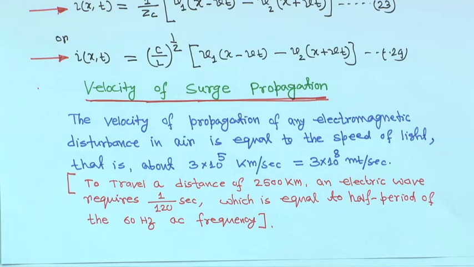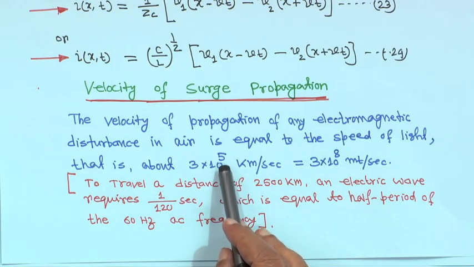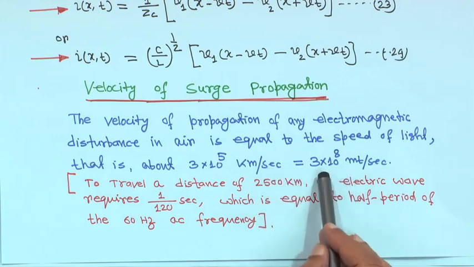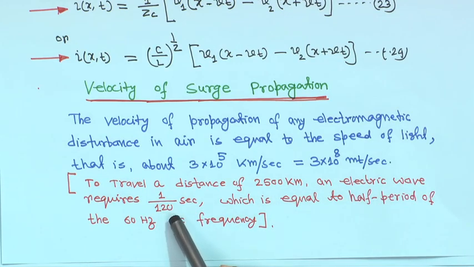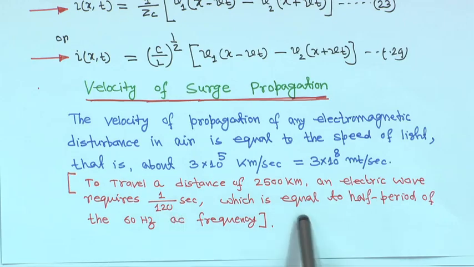Now, take something. The velocity of propagation of any electromagnetic disturbance in air is equal to the speed of light. This you know, that is about 3 into 10 to the power 5 kilometer per second or 3 into 10 to the power 8 meter per second. That means to travel a distance of 2500 kilometers, an electric wave requires 1 upon 120 second, which is equal to the half period of the 60 Hz AC frequency.